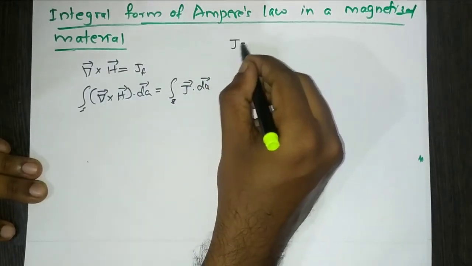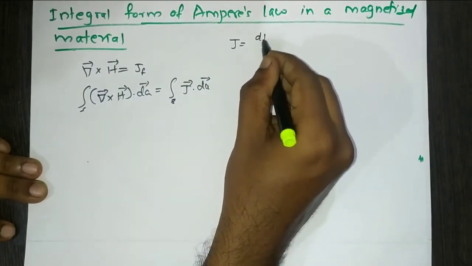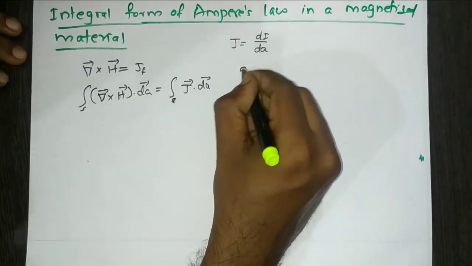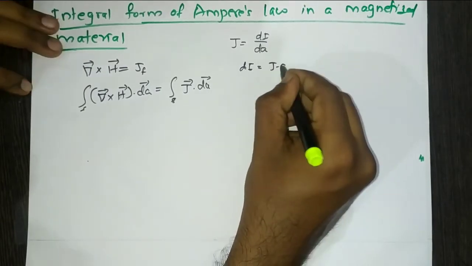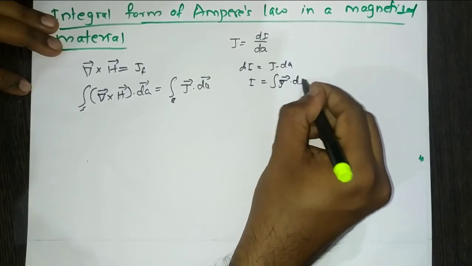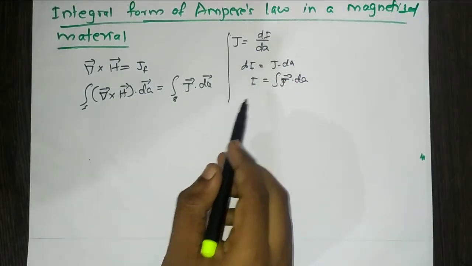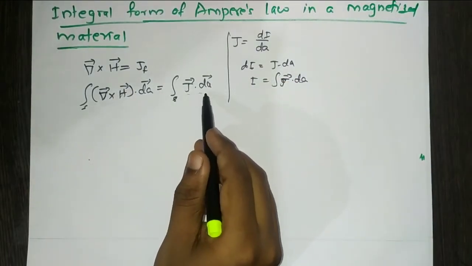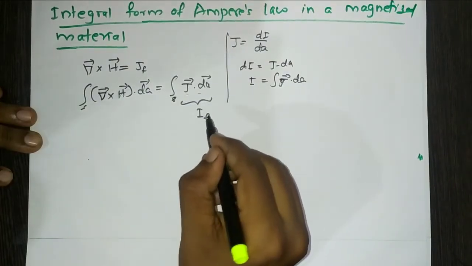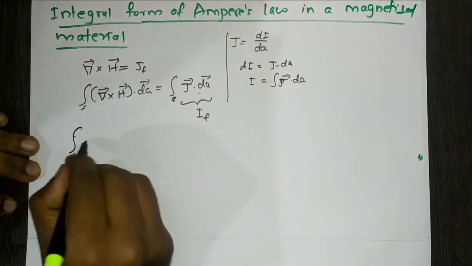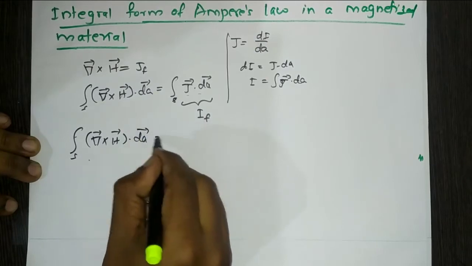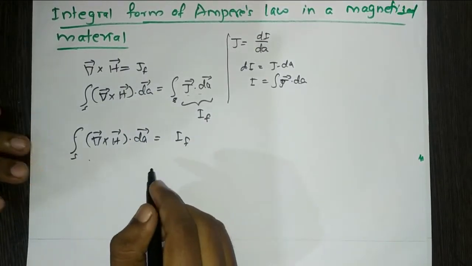You know that this J is nothing but di by dA, or di is equal to J dot dA, or I is equal to the integral of J dot dA. This is the total current, which means it is the free current, IF. Therefore, this can be written as the integral of del cross H dot dA is equal to IF.